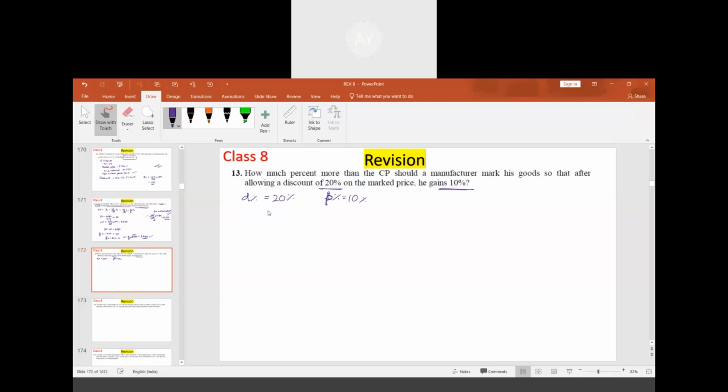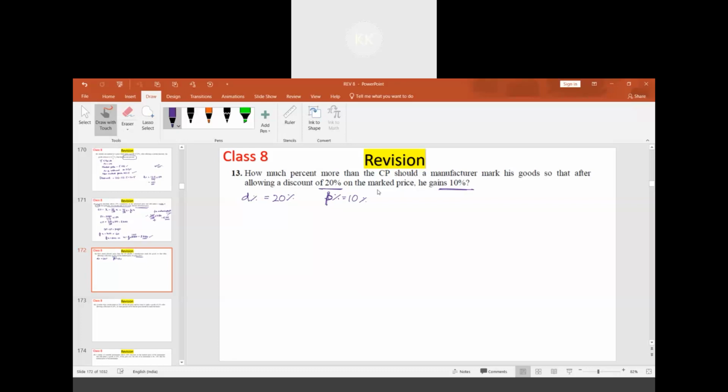So 100 upon 80 into 110 will give 137.5, and if we subtract 100, we get 37.5. We should mark 37.5% on CP. No, sir, 30% cannot be the answer, it should be more than 30%.